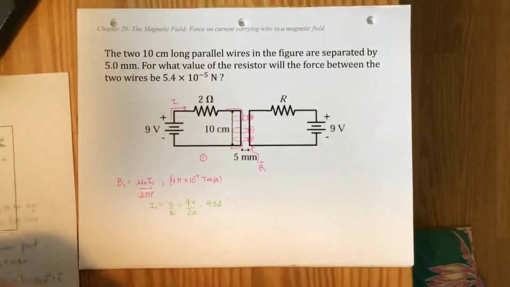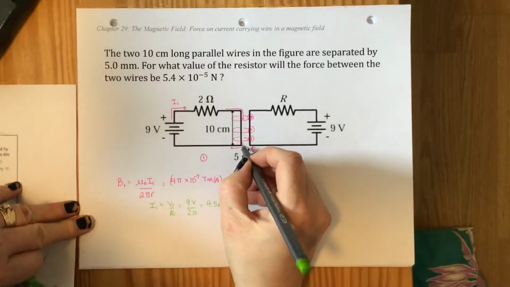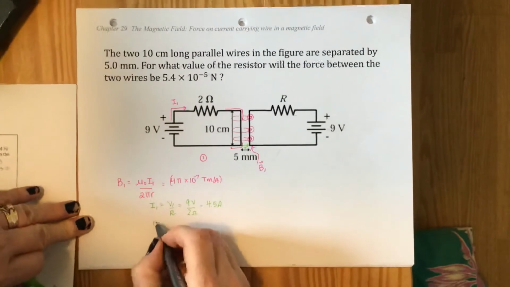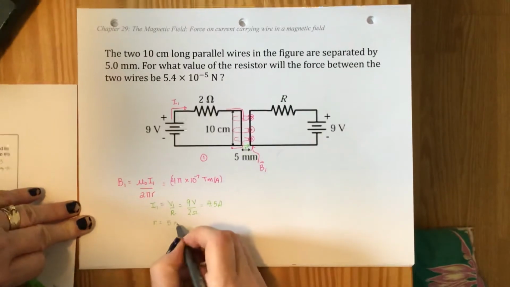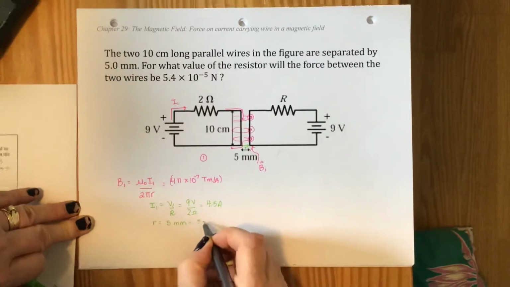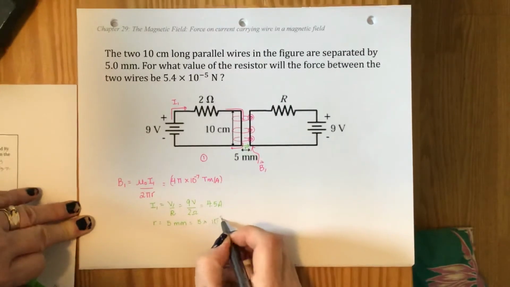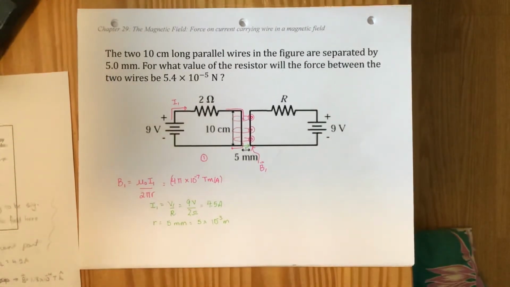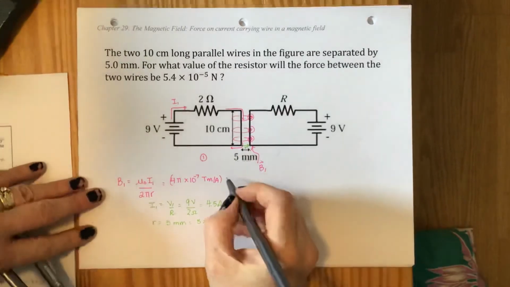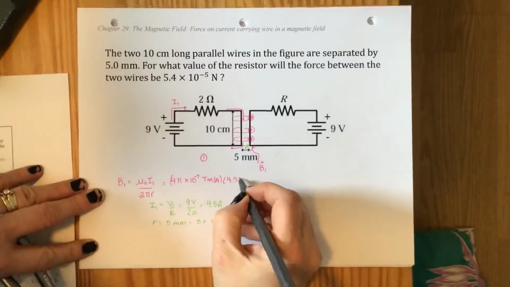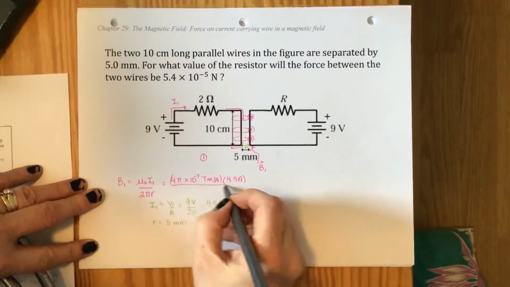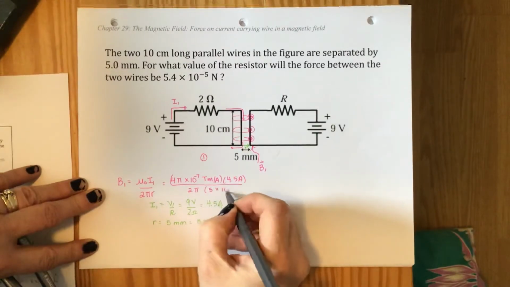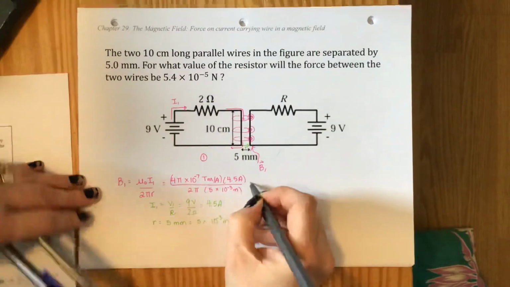And what about r? Do we know that guy? r is the distance between the two wires. r is 5 millimeters, or 5 times 10 to the minus 3 meters. So we'll put those numbers in, divided by 2 times pi times 5 times 10 to the minus 3 meters.